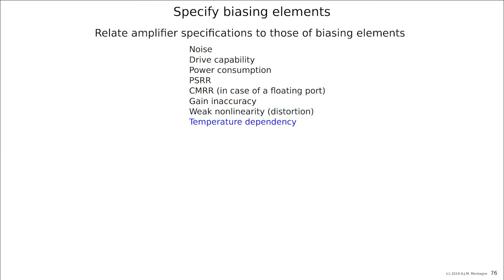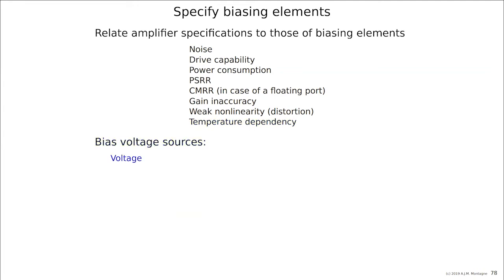And I did not mention the offset itself at the input, so that is the accuracy of the biasing itself. I just included it more or less in the temperature dependency. All those parameters depend on temperature. As you can say, every meter is a thermometer. That's physics.